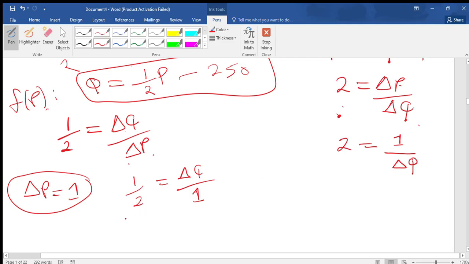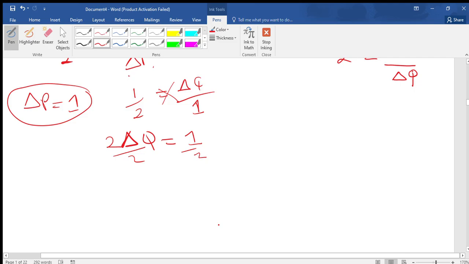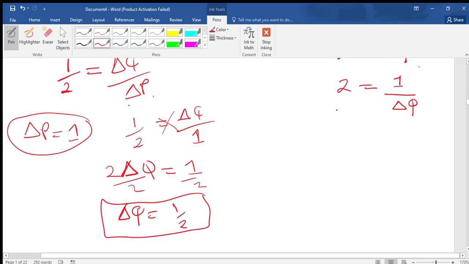So it means the change in quantity here will be, this time, 2 times change in Q multiplied by 1 over 2 over 2, so that the change in quantity equals 1 over 2. And you're done. If you still use this equation, over 1, cross multiply: 2 change in Q equals 1, so the change in Q equals 1 over 2.